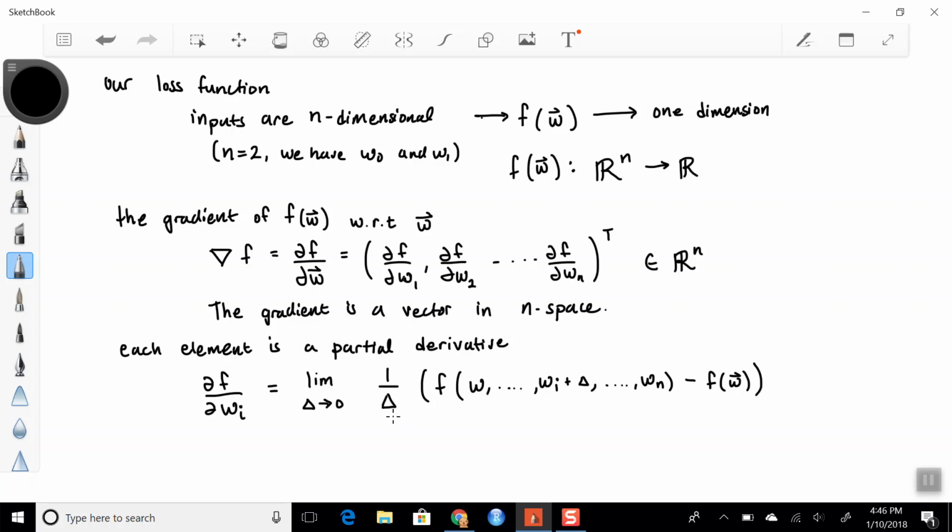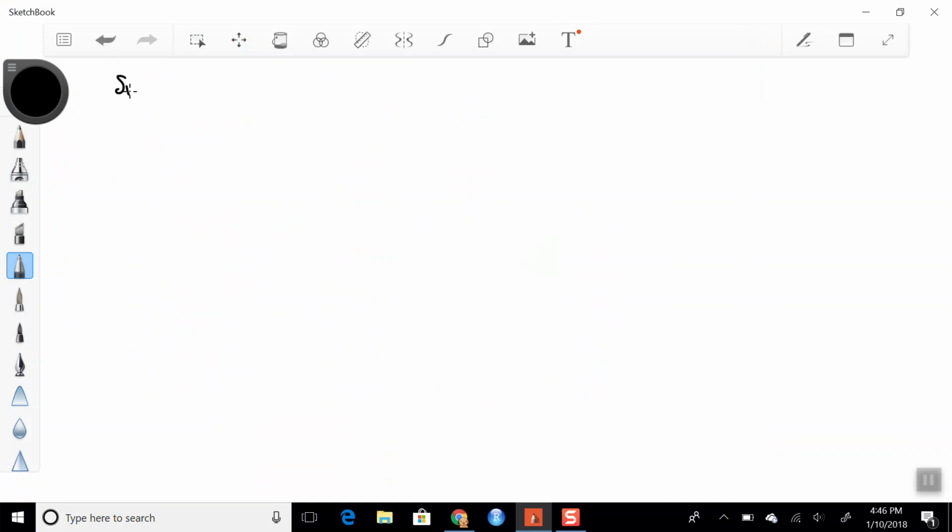Maybe we'll just do a simple example. I think we're going to run out of time, so we won't get to do the actual gradient of the loss function that we're talking about, but let's just try a simple example of a gradient. Okay, so let's say we have some function f of w where w is an element of two-dimensional real space, okay?